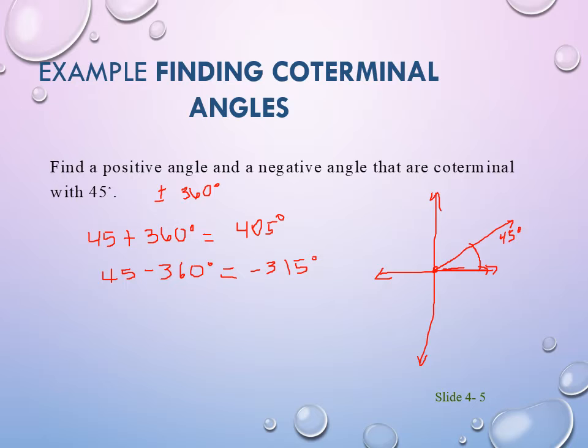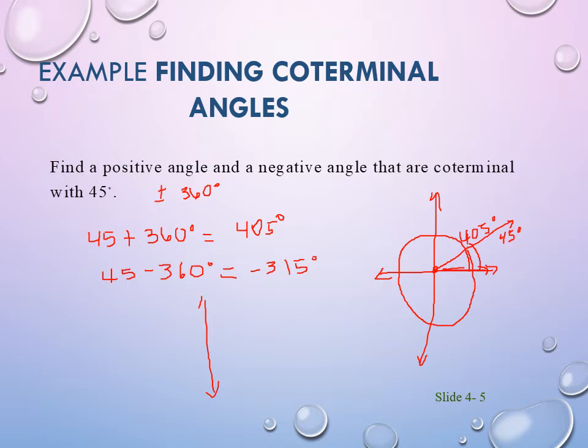That means that it's counterclockwise. It has 180, 270, 360, okay, and 45 more. That means that we'll also end up here. So here we have 405. So if you guys see, both the angles 405 and 45 have the same initial side and the same terminal side.